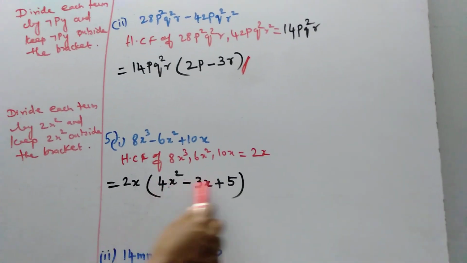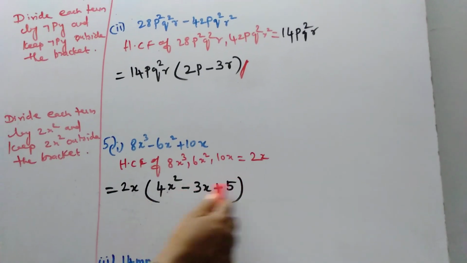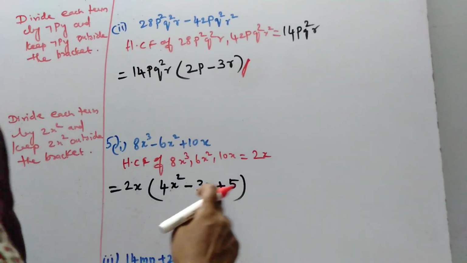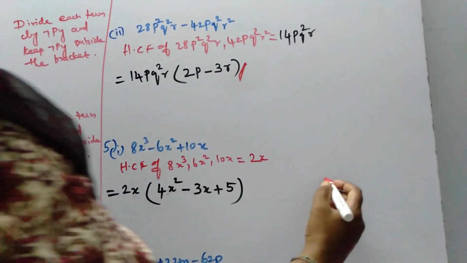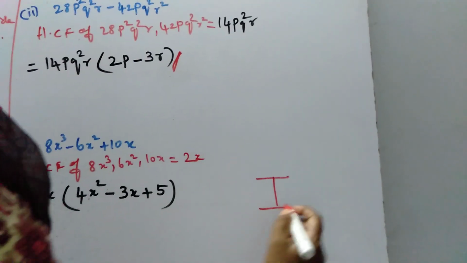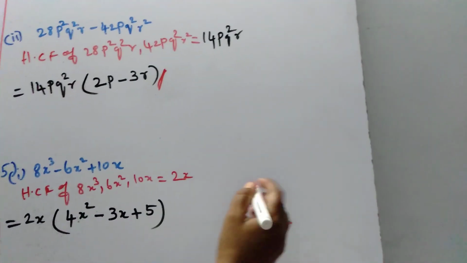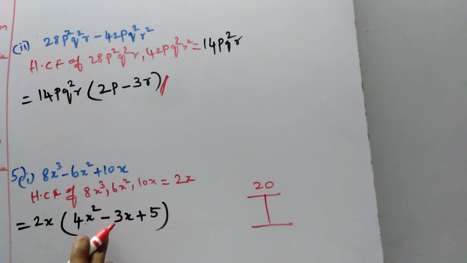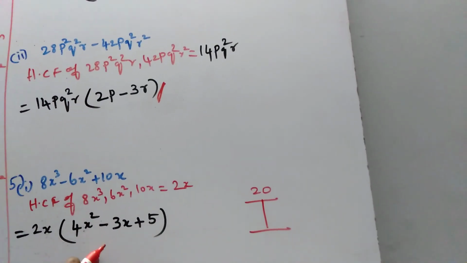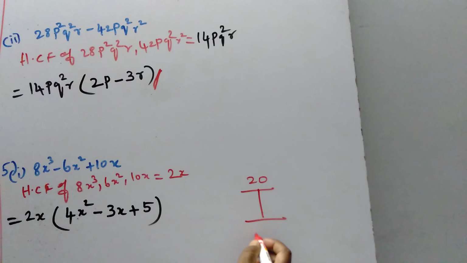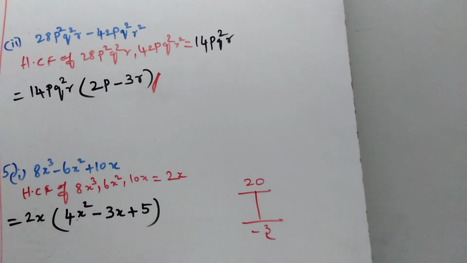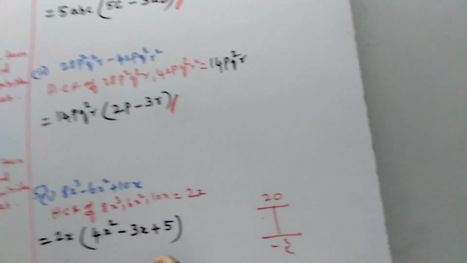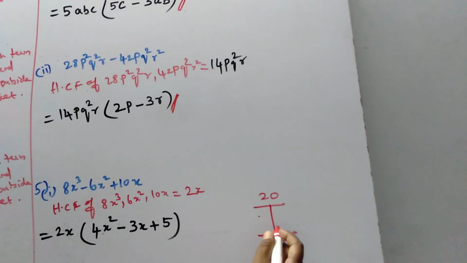And we want to check whether this is in the form of a quadratic equation, whether it can be factorized. 4 fives are 20, and here minus 3. So 20 means 10 twos. Again we cannot proceed further.